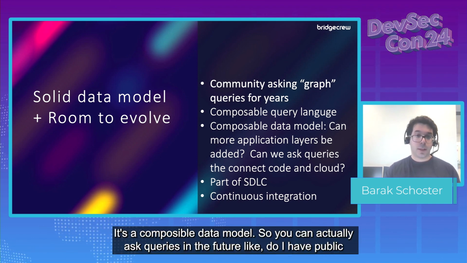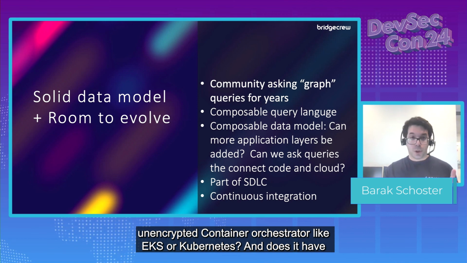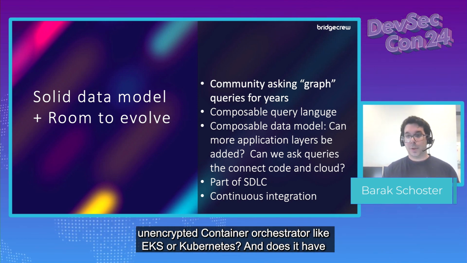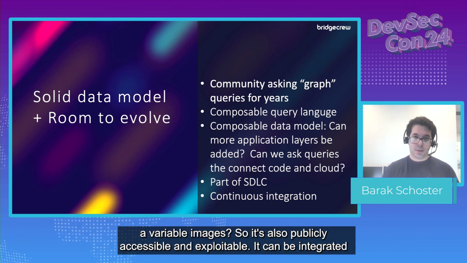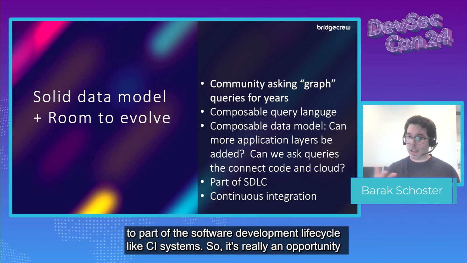It's a composable data model, so you can actually ask queries in the future like, do I have a public unencrypted container orchestrator like EKS or Kubernetes, and does it have vulnerable images? So it's also publicly accessible and exploitable. It can be integrated as part of the software development lifecycle like CI systems.